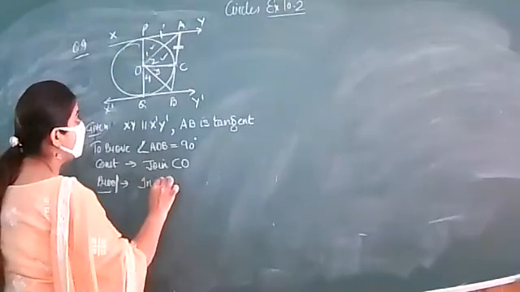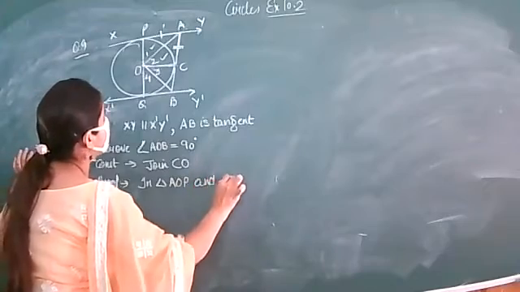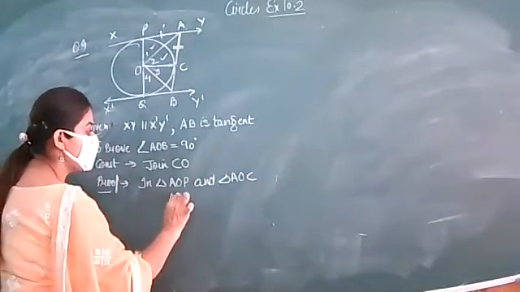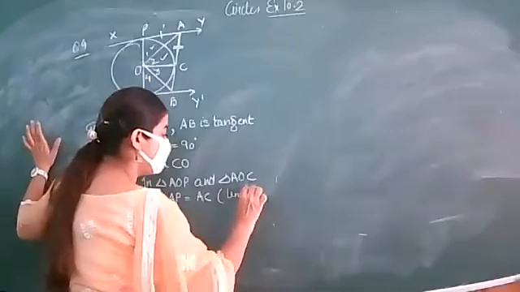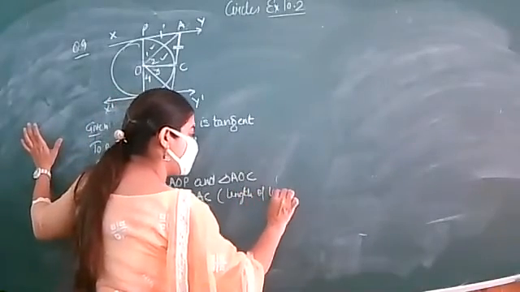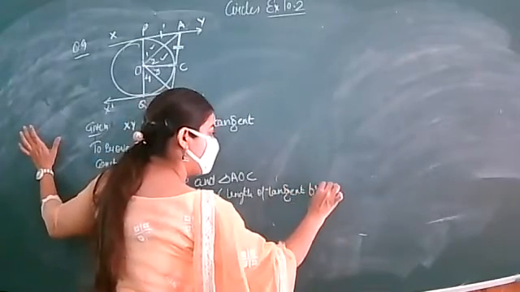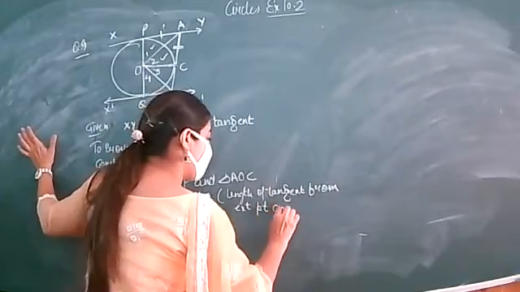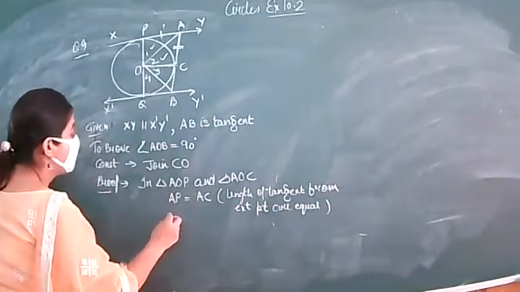So in triangle AOP and triangle AOC, AP is equal to AC, as the lengths of tangents from an external point are equal.